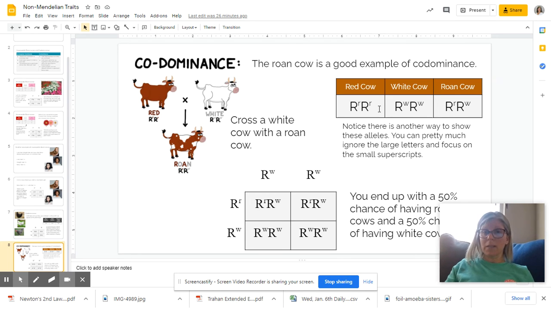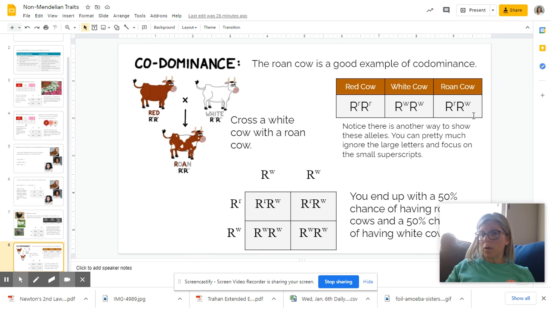And so in this case, a red cow would be represented by looking at it this way: a capital R with a little r, capital R with a little r. A white cow, we'd still have our capital R's, but notice our little superscripts are both W's. Then your roan cow would be represented by a little r and a little w.